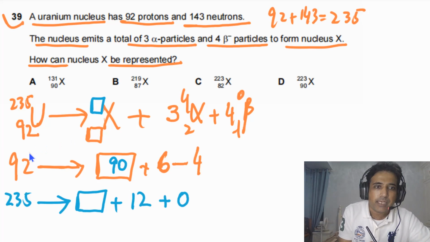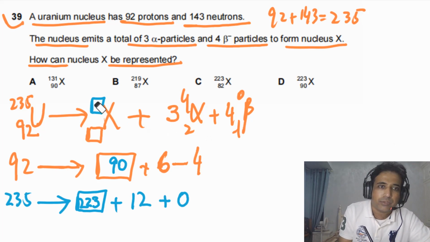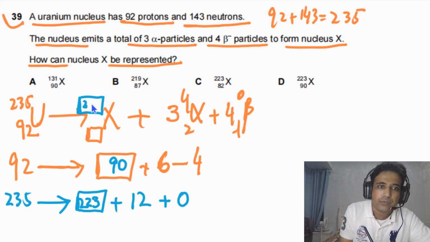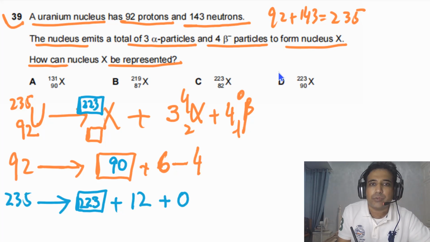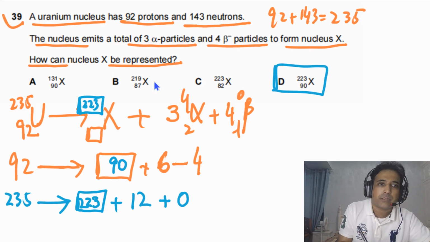So we have 235 minus 12, which gives 223. So this has to be 223. So the answer for this question is D. So this is how you can answer. I hope this question is clear to you.